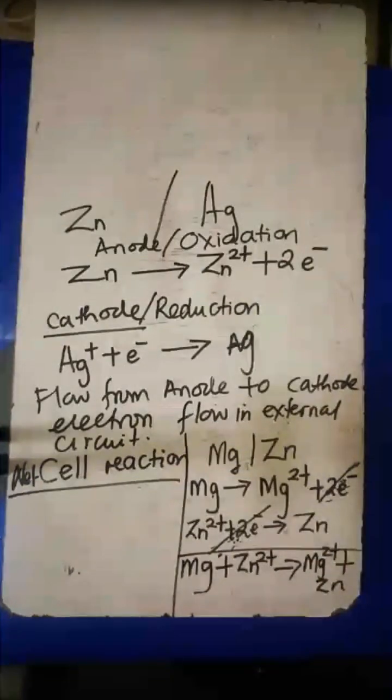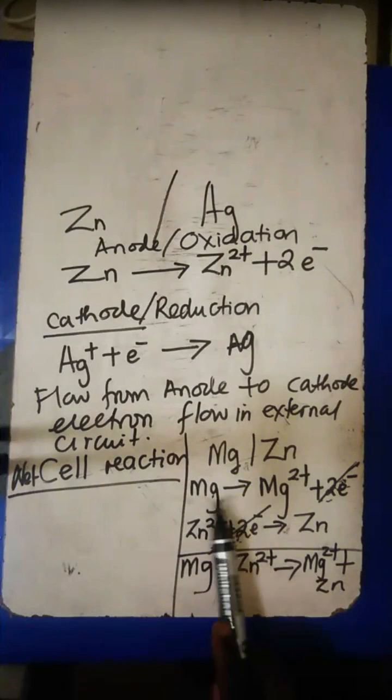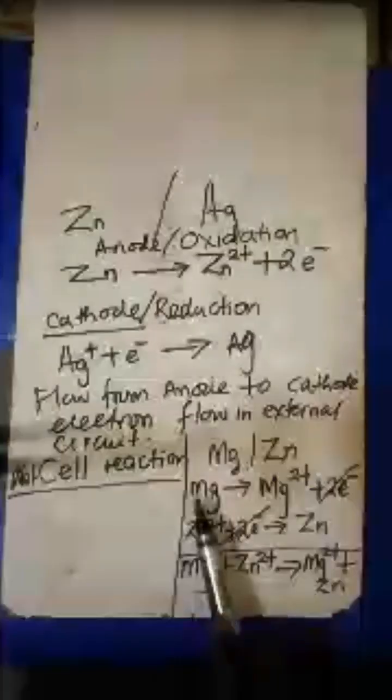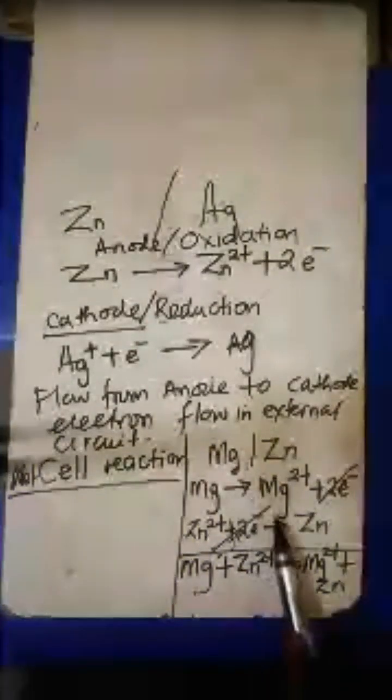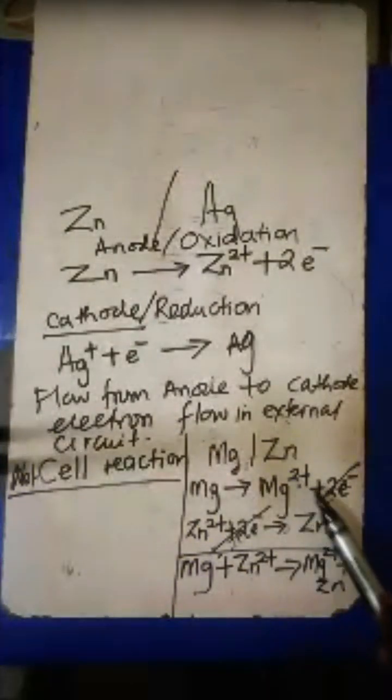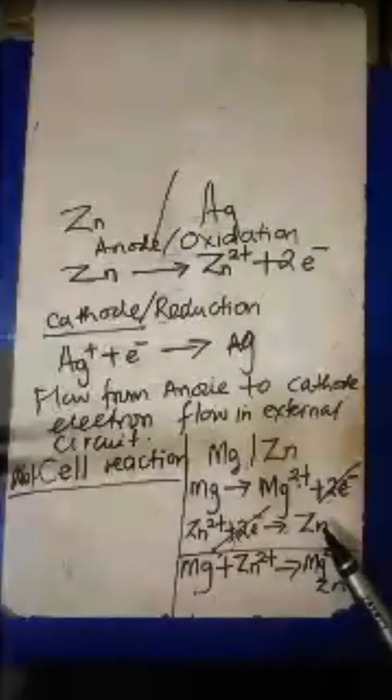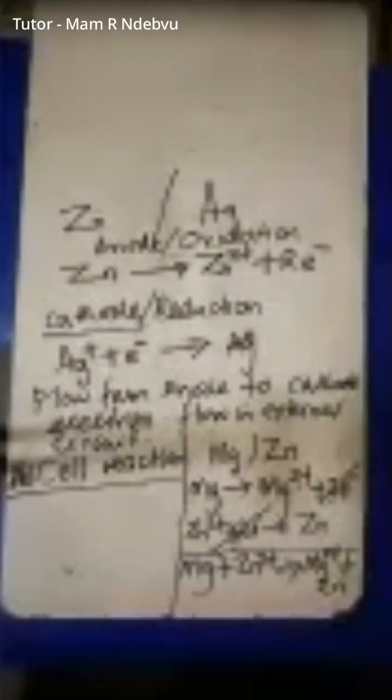You copy what remains on the left-hand side of the first equation, Mg. You copy what remains on the second equation, Zn2+. You put your arrow. First equation, what remains on the right, Mg2+. Second equation, Zn. Are we all following there?